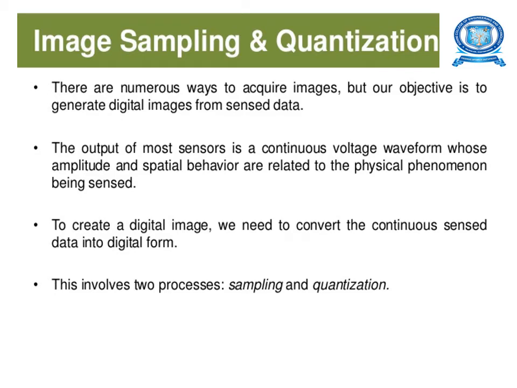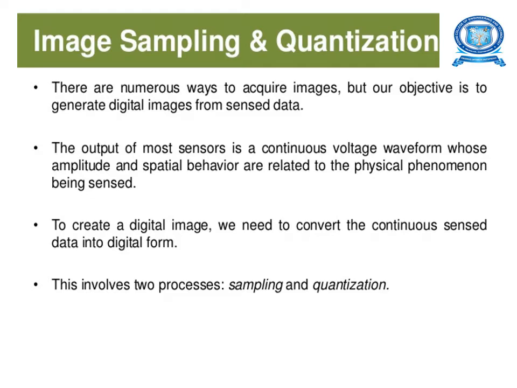Before that, let's see, there are numerous ways to acquire the image. Before sampling and quantizing, what is the first process that we have to do? First, we have to capture an image. In technical terms, capturing an image is called acquiring images. We are acquiring, in the sense that we are sensing the image.